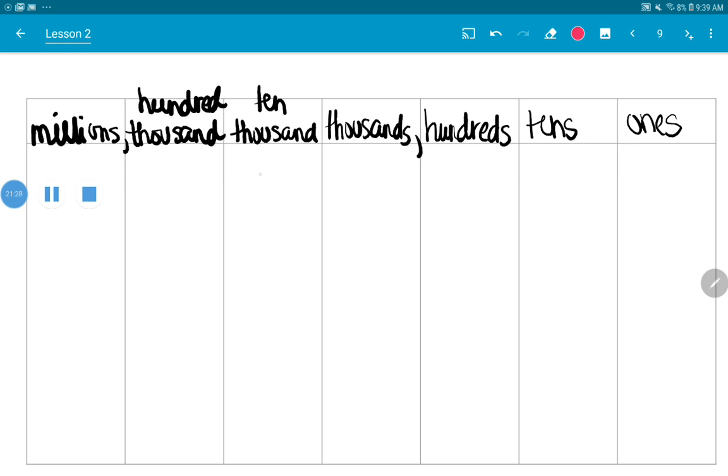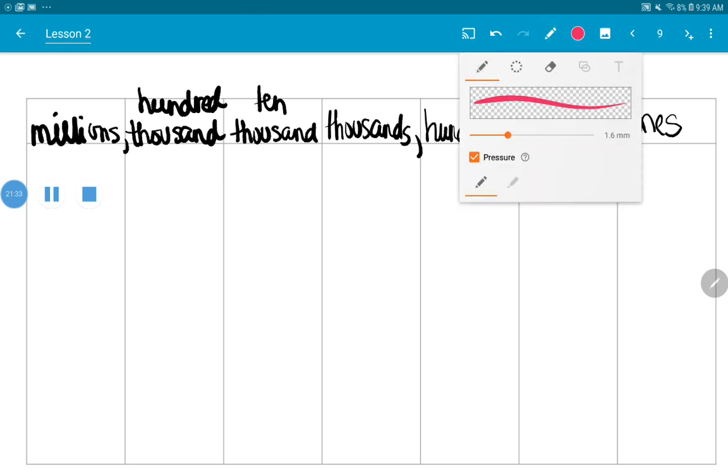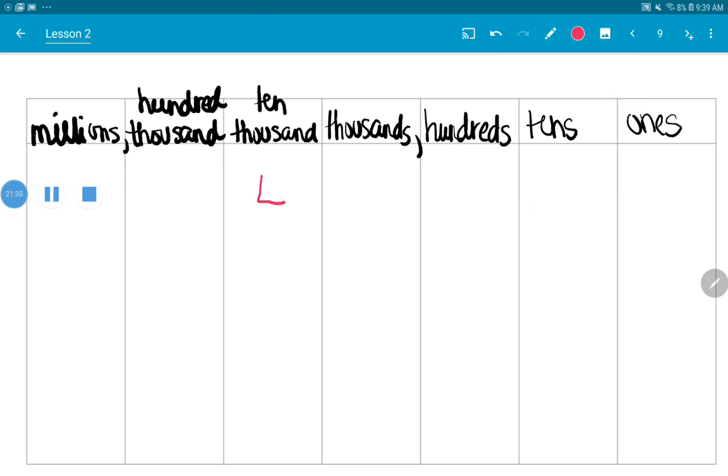Let's do 4 ten thousands, 6 hundreds, and 2 ones.